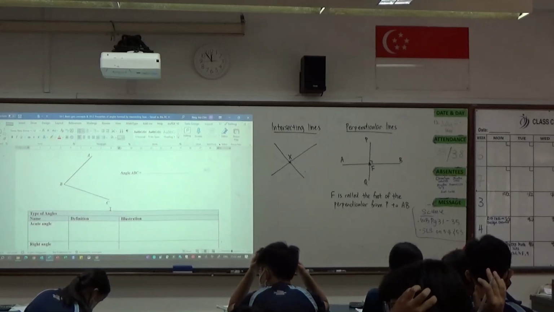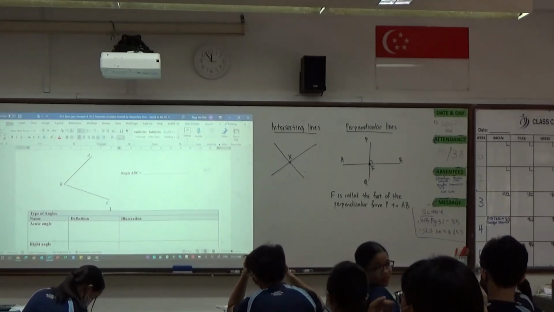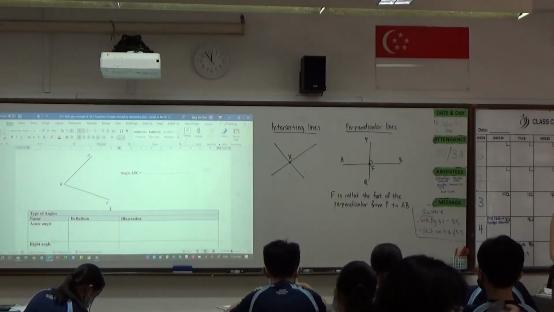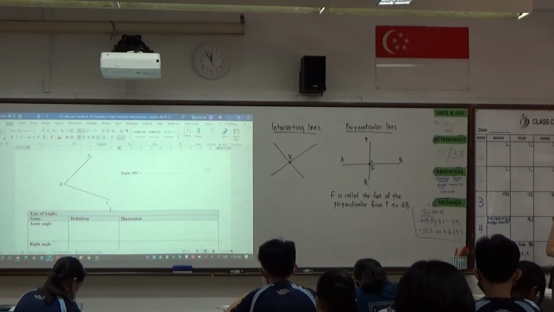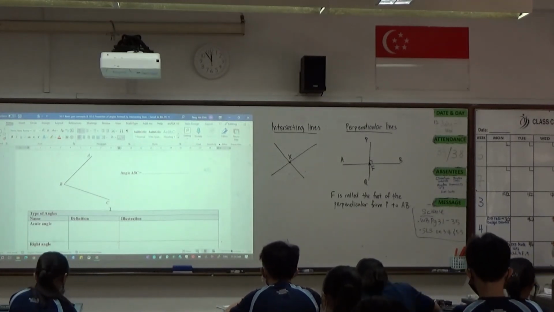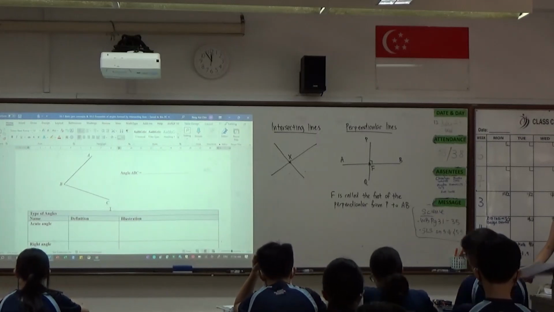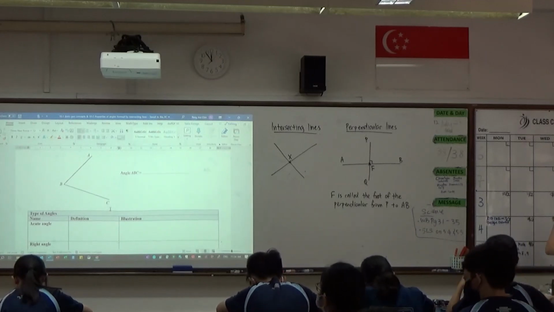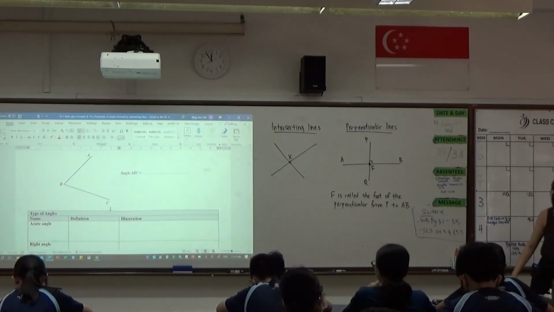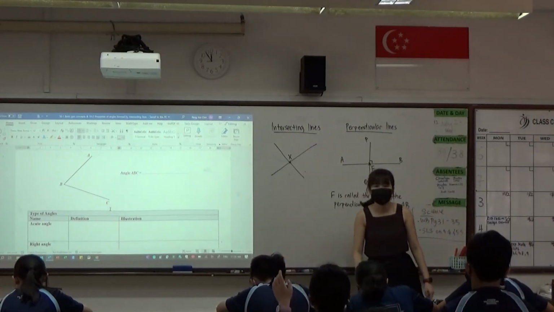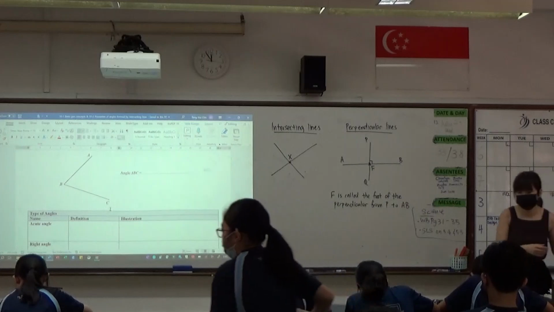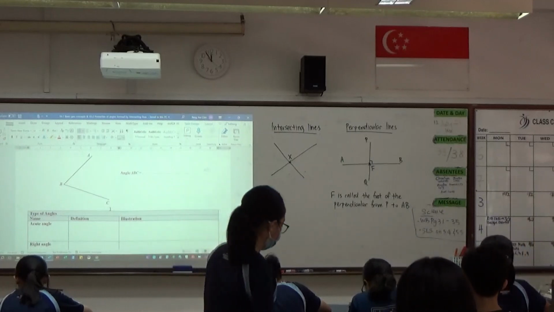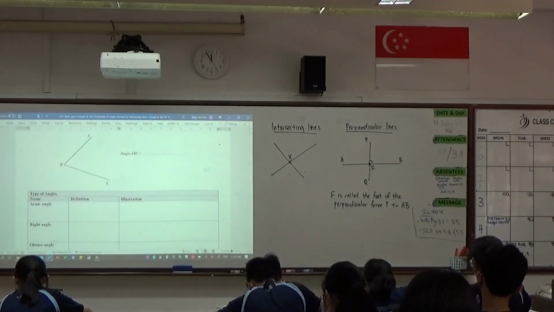Alright, will you please use your protractor and measure this angle and tell me the size of this angle. You may need to extend the line because the diagram is small.